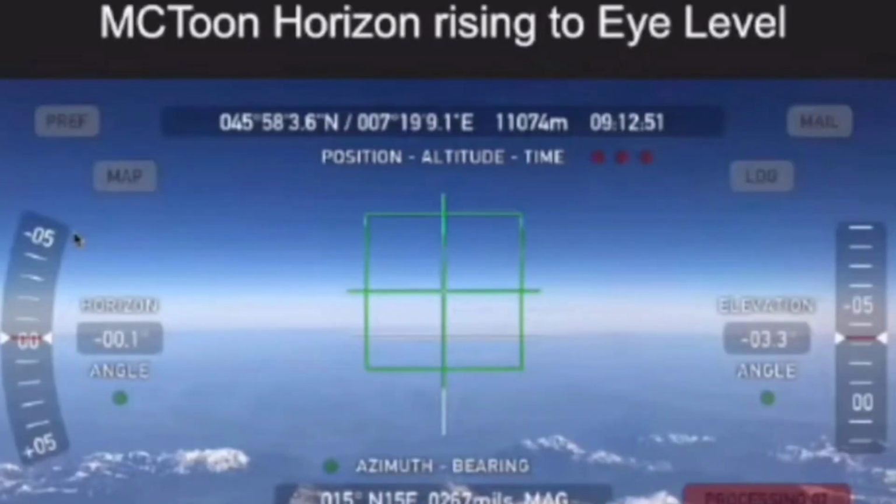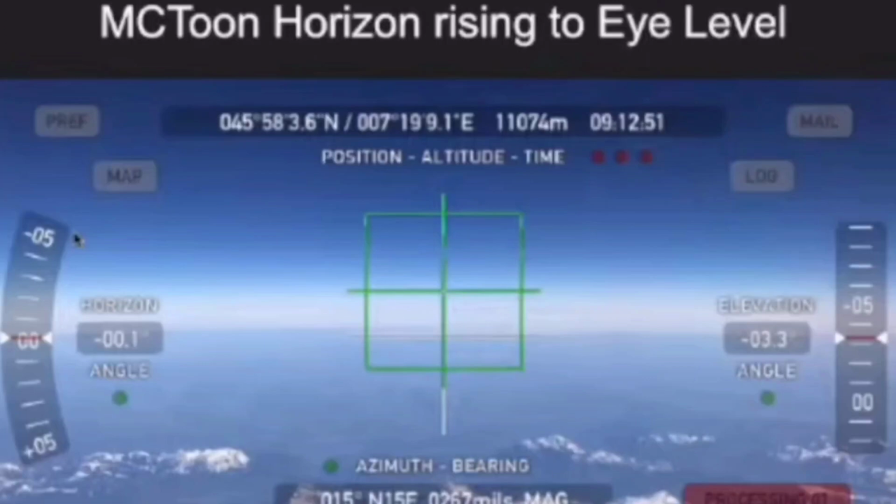So this is a theodolite app on a phone, and this is one of the quote-unquote measurements McToon claimed to have made himself. Well, first off, when I tried to use a theodolite app on my phone as proof, the globers pitched a fit. But secondly, and more important, the horizon's position is marked by a hazy boundary, and distance or visibility is one of the three main factors of the horizon's position.